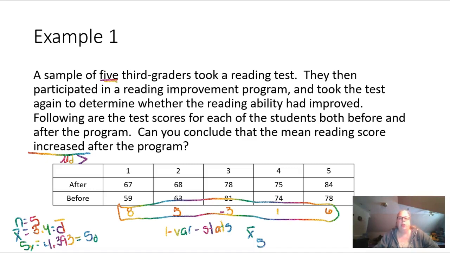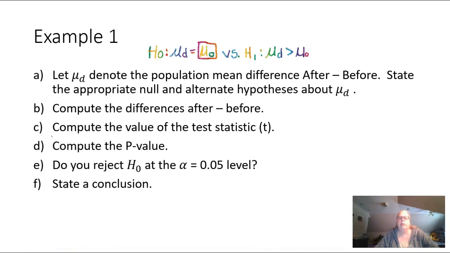We want to know if the mean of these differences is the same as the mean of the differences for all of the students in the program, or if it has changed based on improvement or not. So in other words, if the means have not changed, then the difference between them is going to be 0.